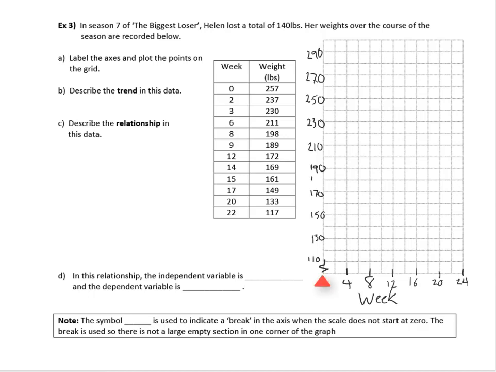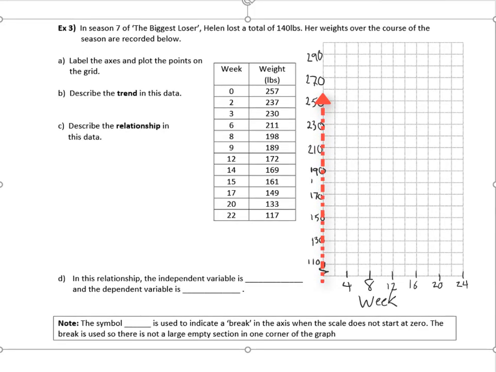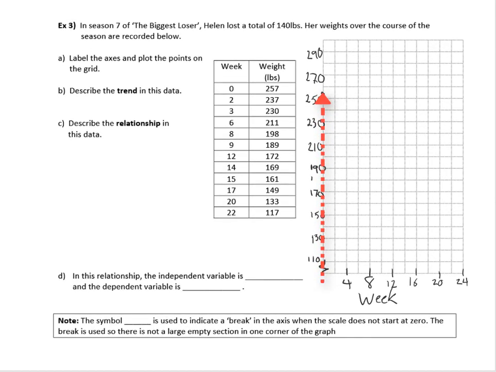So week 0, we start at 257, so 257, somewhere around there. Week 2 is 237. Week 3 is 230 exactly.